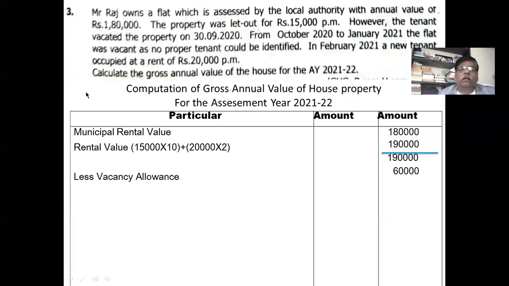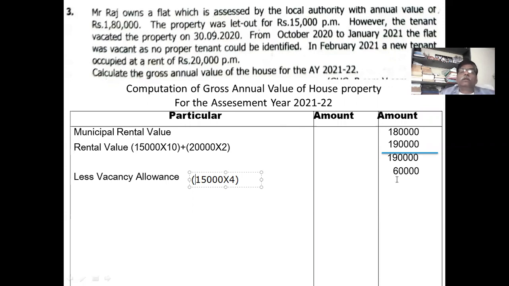Otherwise, you calculate in the particular column. Okay. So 15,000 is the rent into 4. 15,000 into 4, you take, that is 60,000.